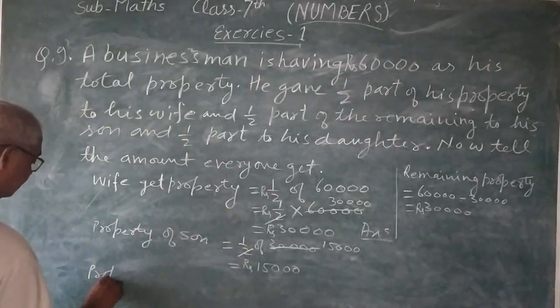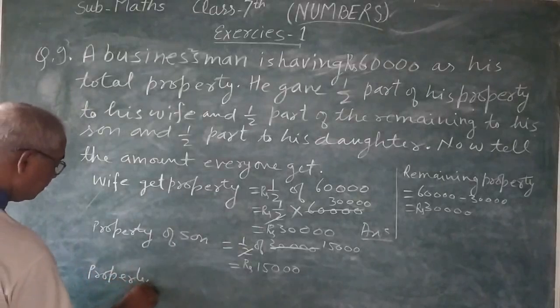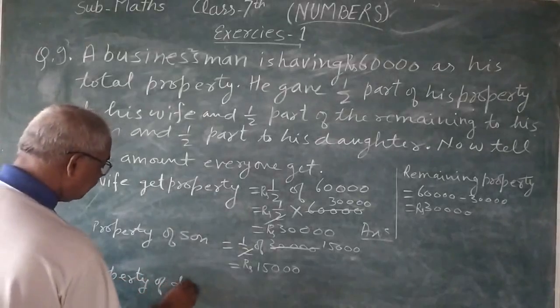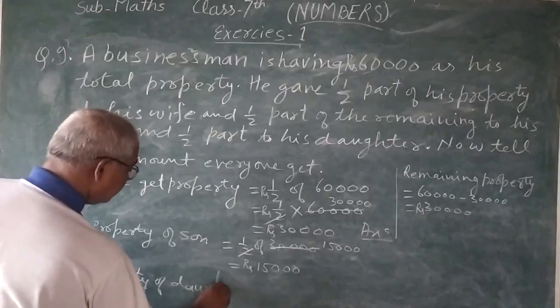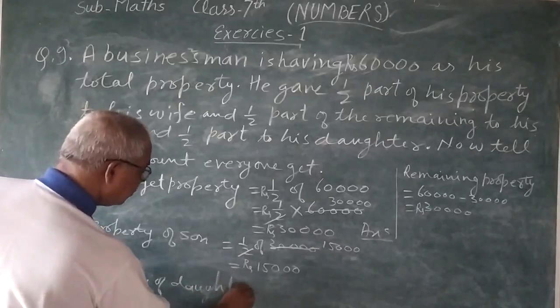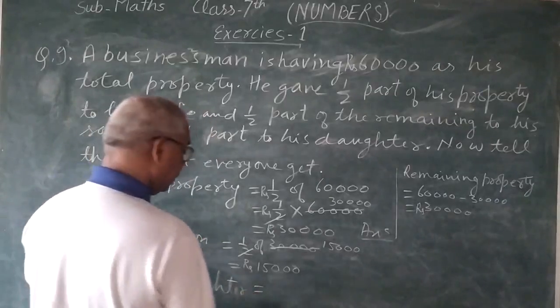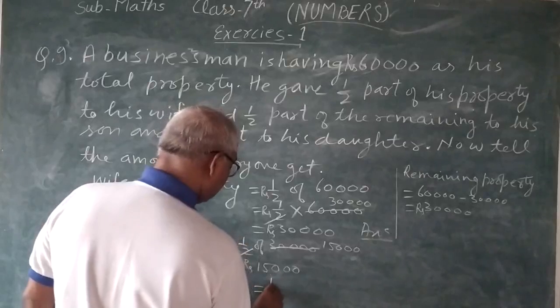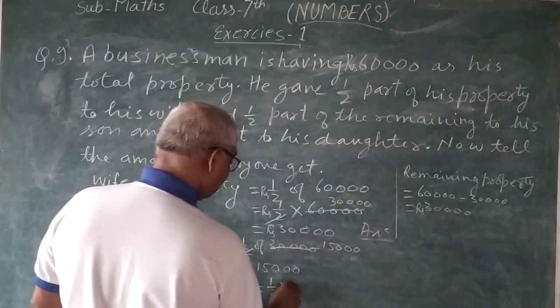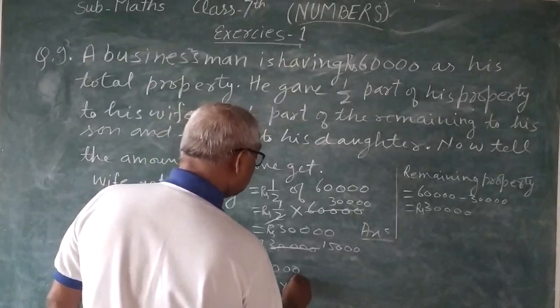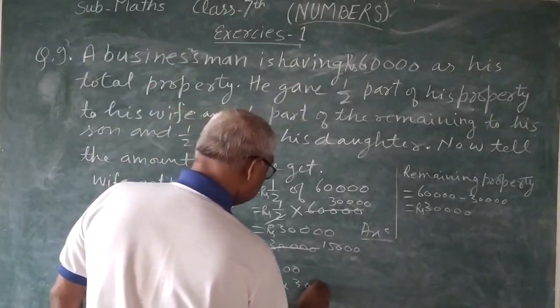Property of the daughter is equal to 1 by 2 into 30,000.